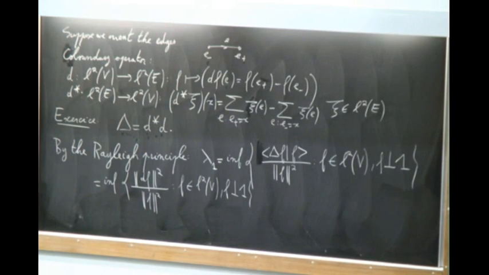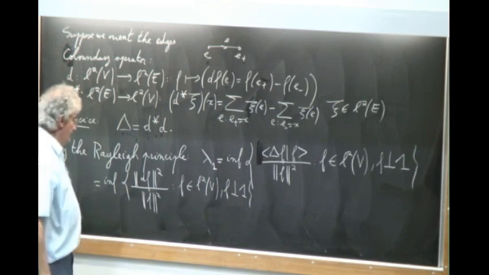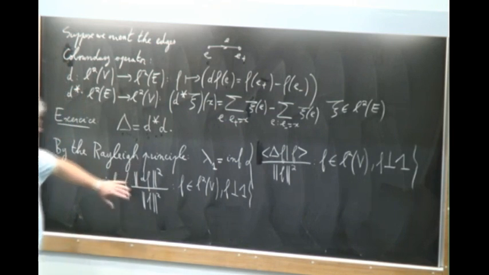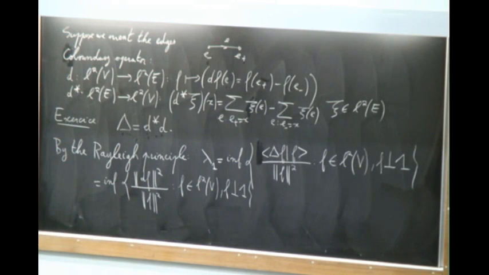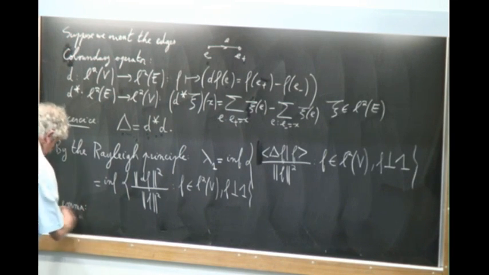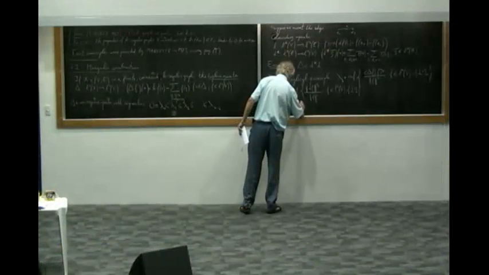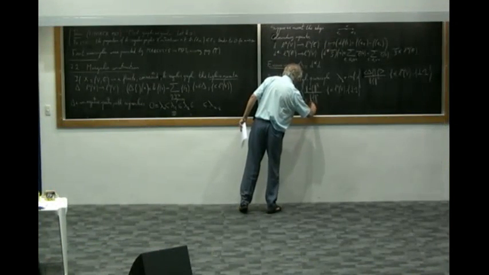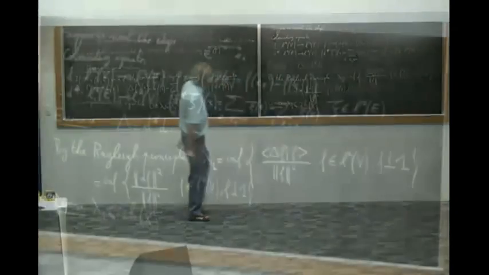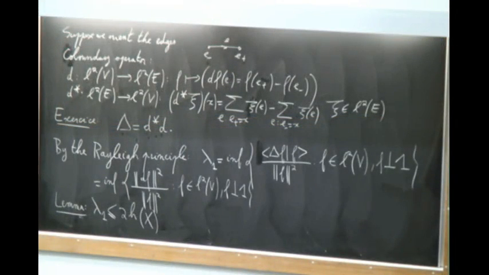Sometimes this is called the Dirichlet norm, L2 norm, but I don't want to go into that. And now let me prove a lemma, which is that lambda 1 is less or equal to twice the isoperimetric constant.